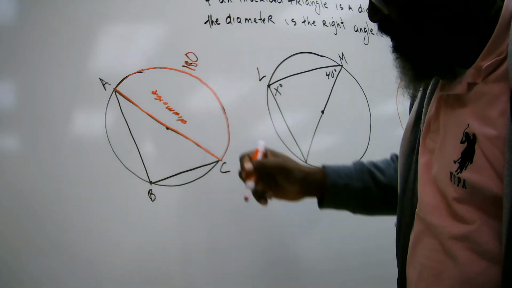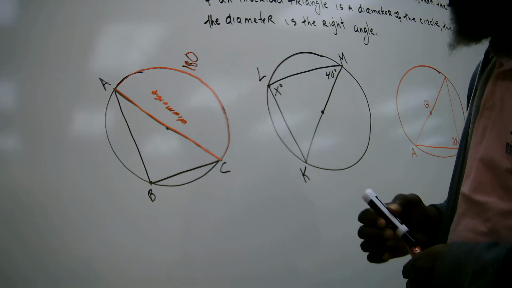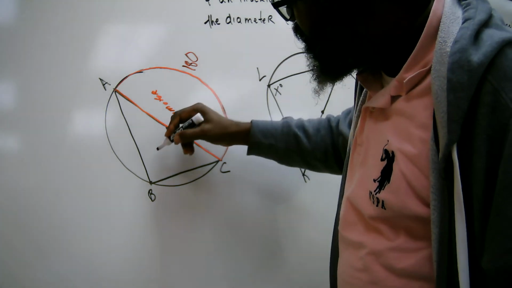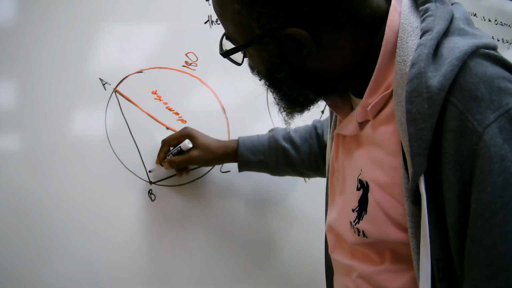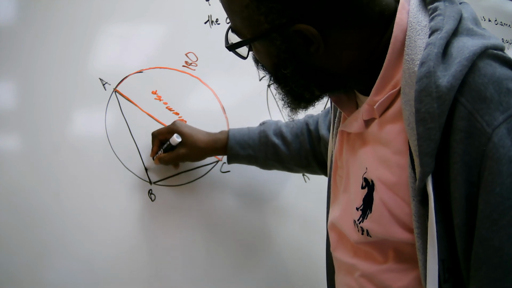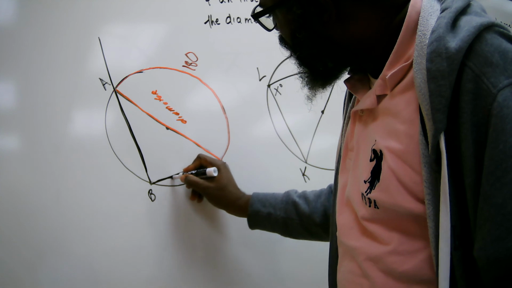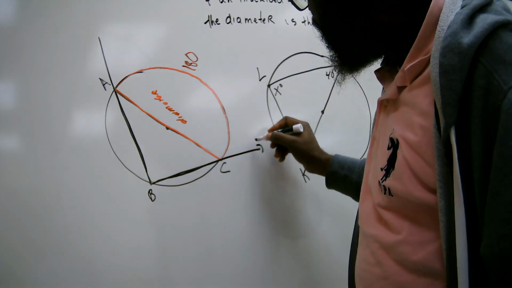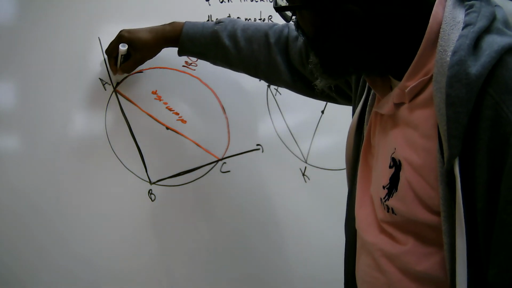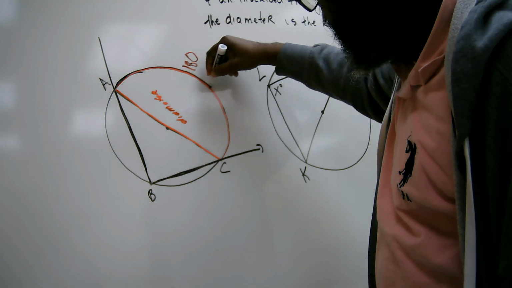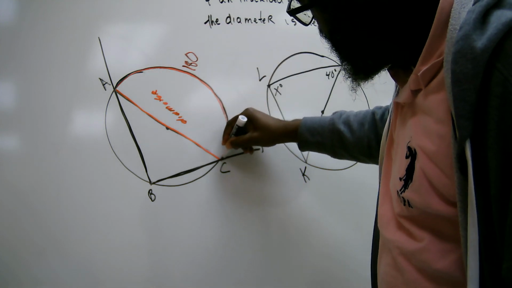No doubt about that. Now, if this is 180 degrees, let's explore the inscribed angle B. If we take inscribed angle B, we expand those chords as secants. As you can see, the intercepted arc of AC is 180.